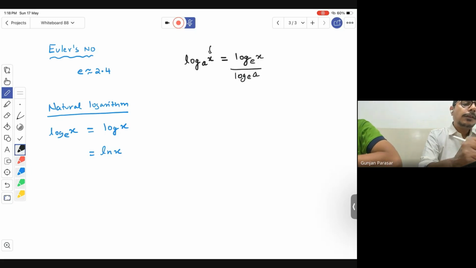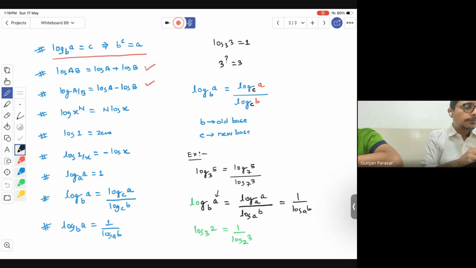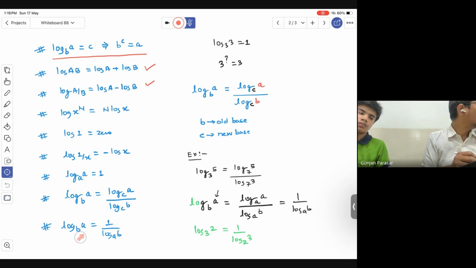Okay, maybe this way also I can do, since log with base e and input A is equal to the reciprocal of log with base A and input e, correct? I can interchange the base and input, but it will be the reciprocal of that.